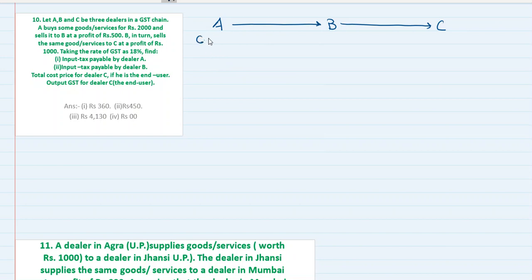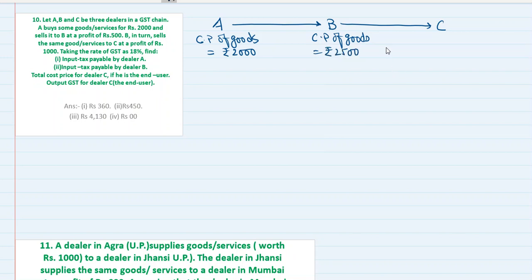So the cost price of goods for A is equal to rupees 2000, and sells it to B at a profit of 500. So the cost price of goods for B is equal to rupees 2500.